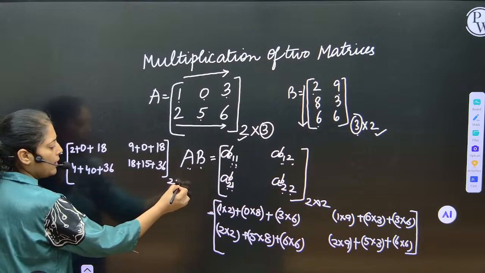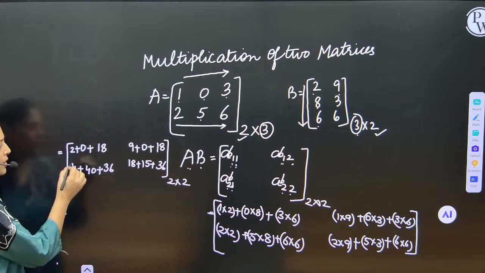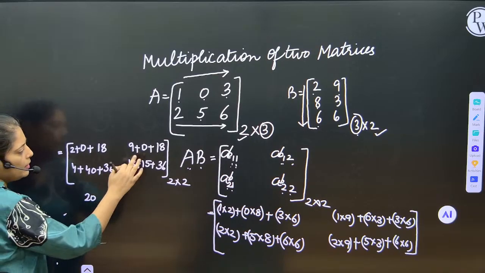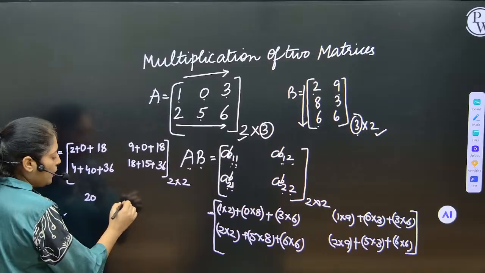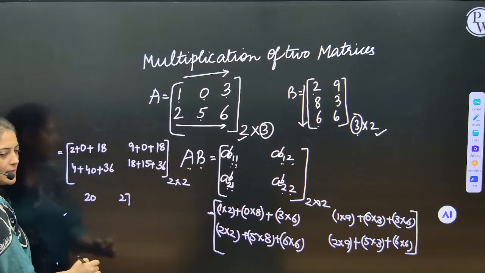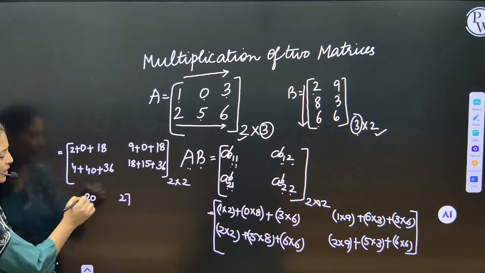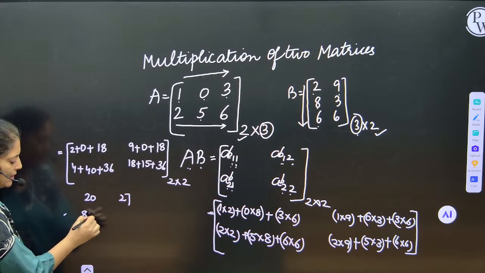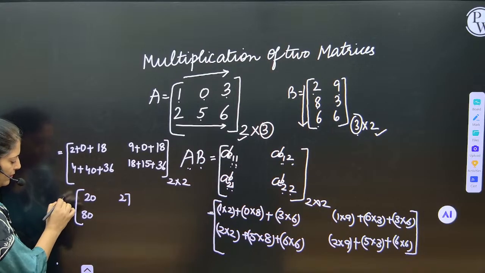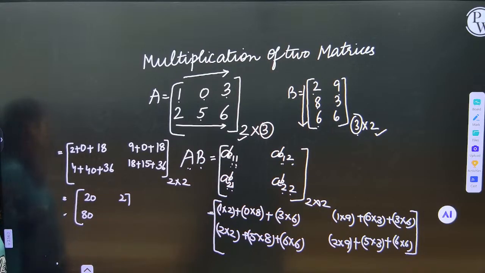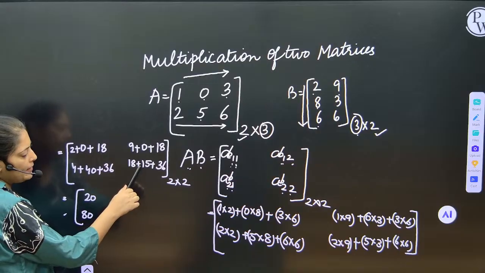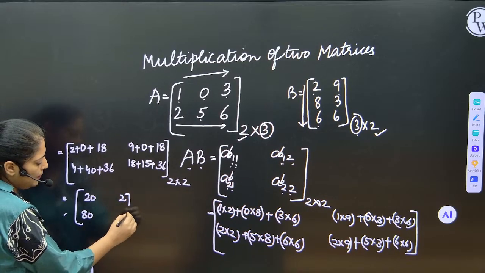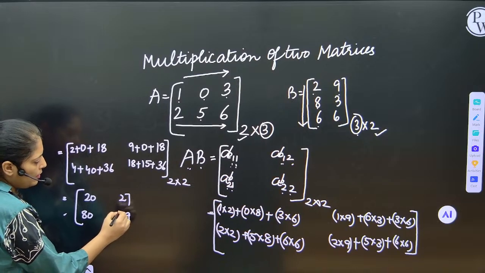Of course, the order is nothing but 2 cross 2. So 2 plus 18, 20. 18 plus 9, 27. 4 plus 40 plus 36, it will come out to be 80. And this will come out to be 13, 19, 60.